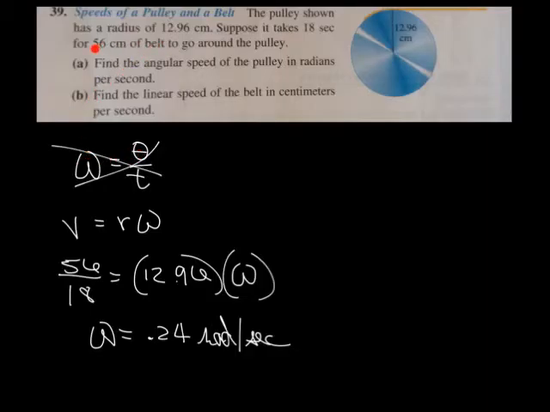But by giving me a distance over time, it was giving me a velocity. So I used the velocity formula. You can look on the bottom of page 117 and get all the different formulas you need. I would put those down in your notes so that you have them handy, so that you can see what you've got, what you're looking for, and where you're going to get it. And that gave us our omega of 0.24 radians per second.